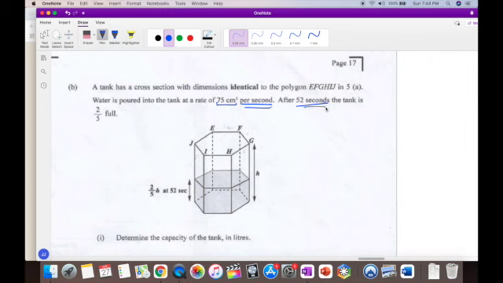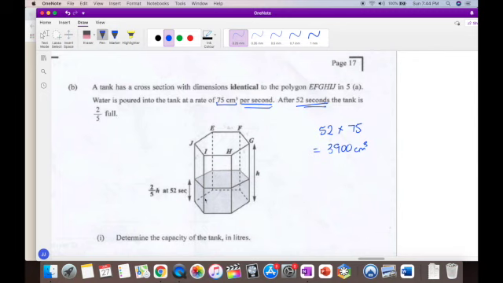52 seconds. So for 52 seconds at 75 centimeters cubed per second, that means that the tank presently has 3,900 centimeters cubed in terms of the volume of the tank, right?